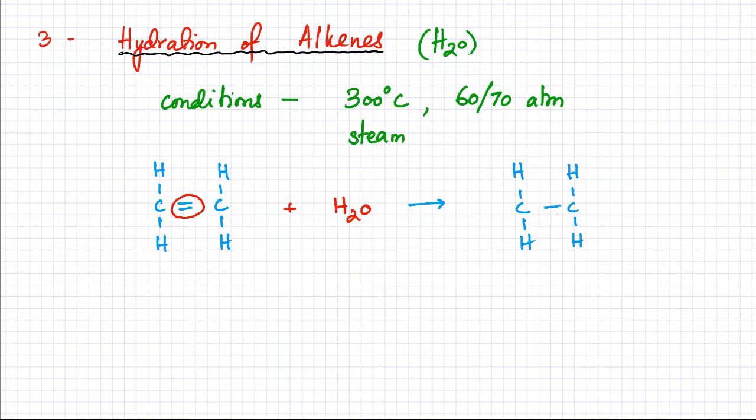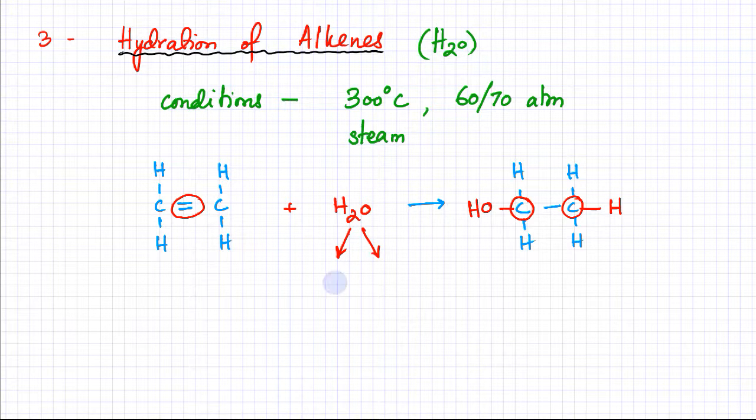And when you replace a double bond with a single bond, these two carbon atoms are now no longer making 4 bonds, they're making 3 bonds. So they need to make one more bond each. So this carbon atom is going to bond with hydrogen, and the other carbon atom is going to bond with an OH group. What you're going to notice in this particular reaction is that your water molecule is going to split up into 2 parts.